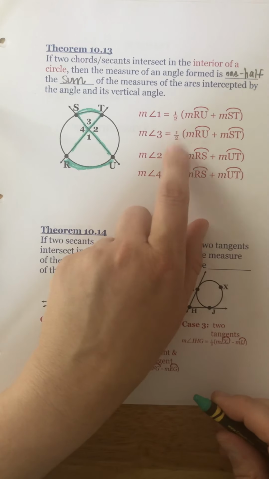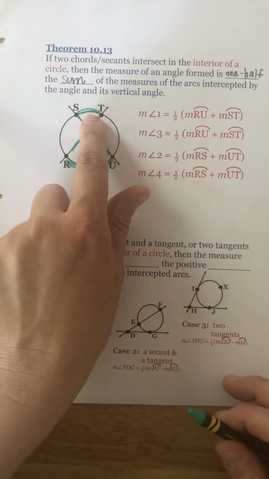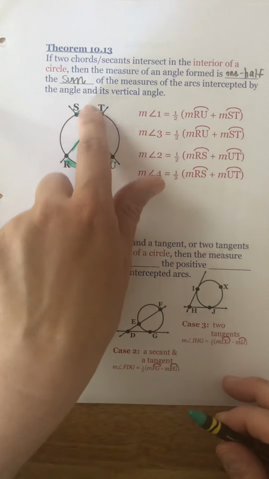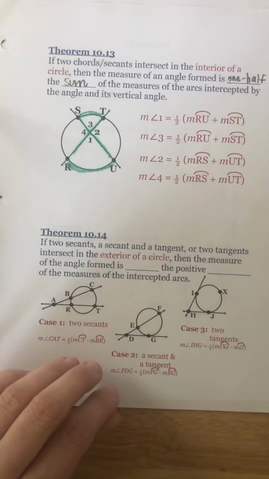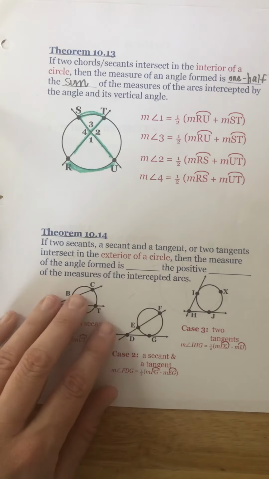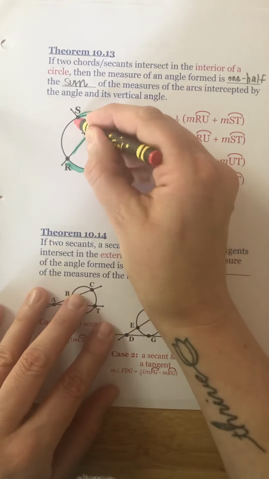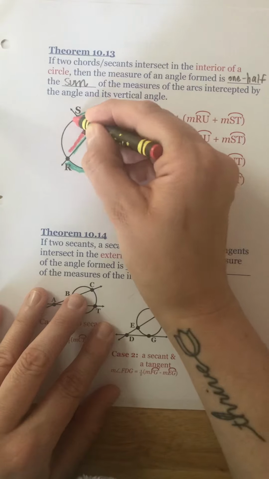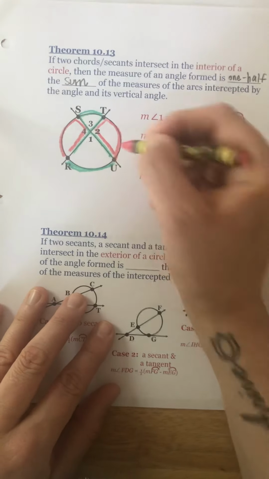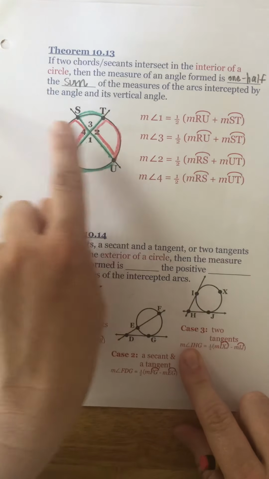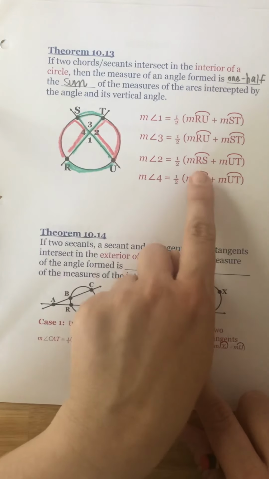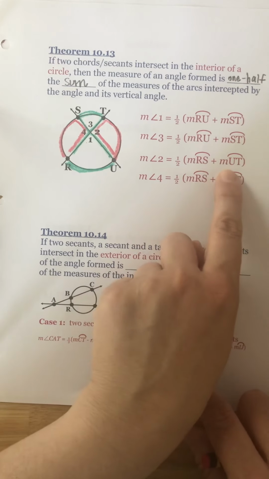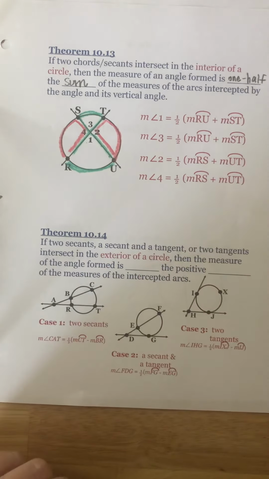So we're still dealing with the half, but we are adding the two arcs that they intercept together. Same thing happens if we were going to look at angle 2 and angle 4. So here's angle 2 and angle 4. They're intercepting different arcs. So again, you would take those two arcs, you would add them together, and then you would take that value and you would chop it in half.